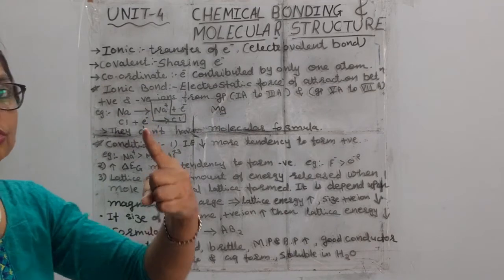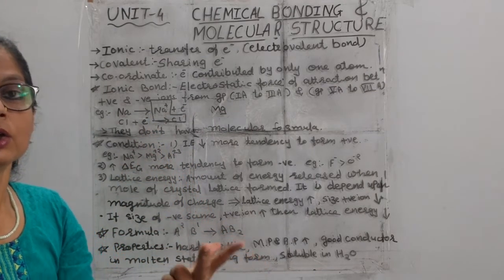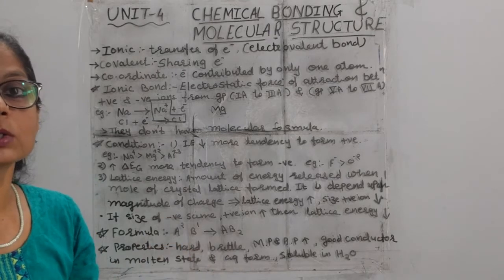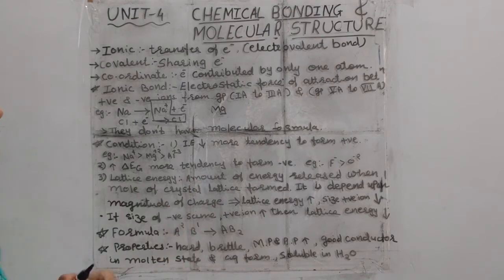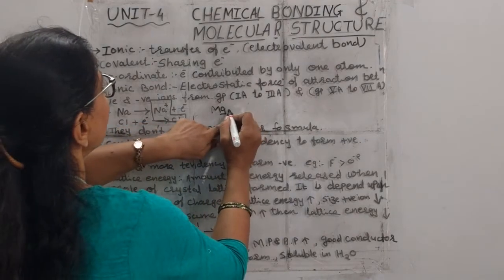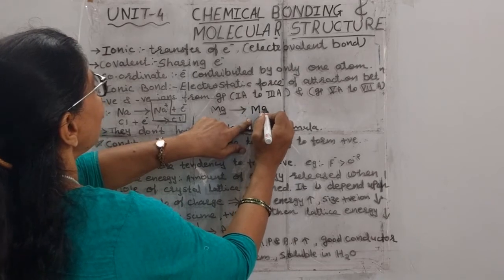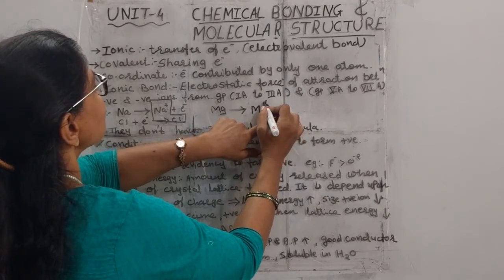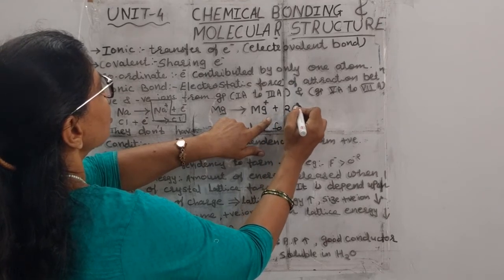Like sodium wants to lose 1 electron, but magnesium's atomic number is 12, so to attain the neon configuration, magnesium has to lose 2 electrons. So magnesium will donate 2 electrons and form Mg 2 plus ion plus 2 electrons.